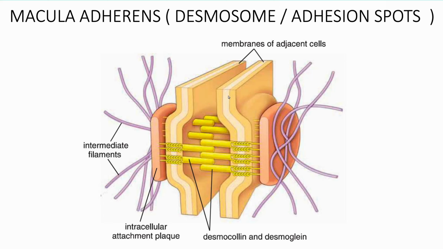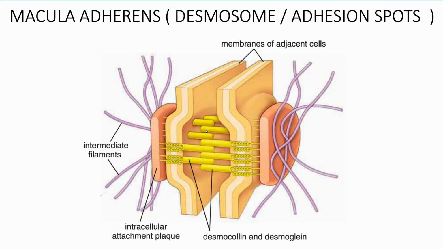So let's analyze this schematic diagram. This is the cell membrane, and this is the cell membrane of the adjacent cell. We can see the cut through the cell membrane, and these yellow structures are the cell adhesion molecules, belonging to the cadherin group of CAMs.